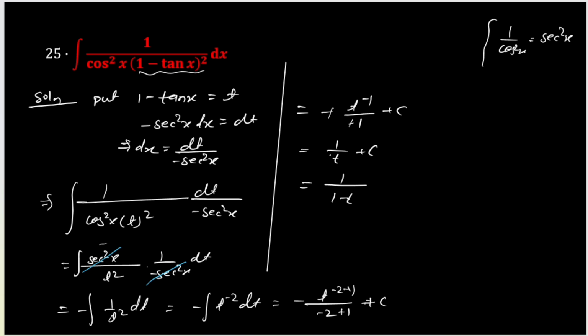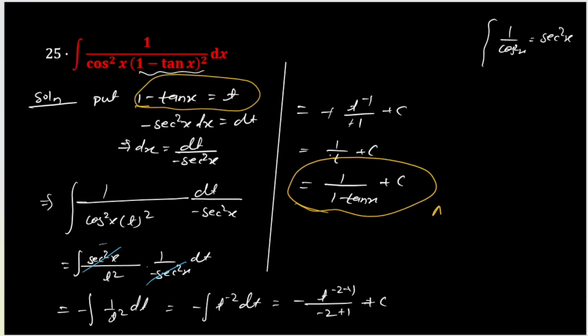And replacing t in terms of x, we get 1 by 1 minus tan x plus c. This is your answer.